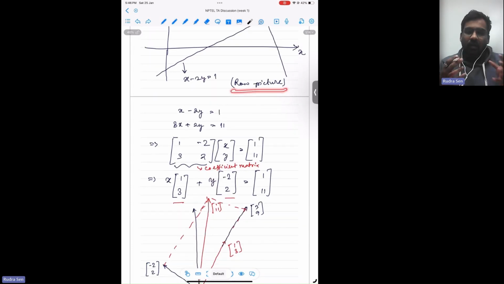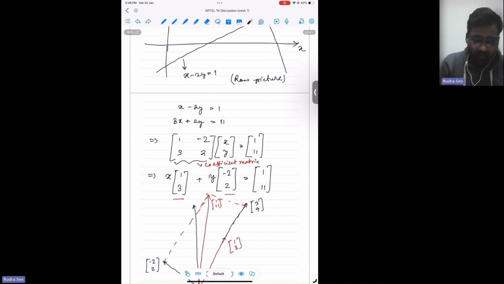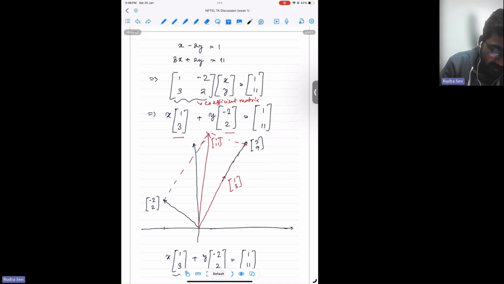Now you can see the column picture of these equations. I'm considering the same equation I considered before. This matrix is known as the coefficient matrix, as I said before. The first column vector is multiplied with x, and the second column vector is multiplied with y.